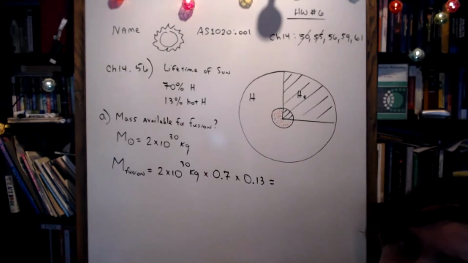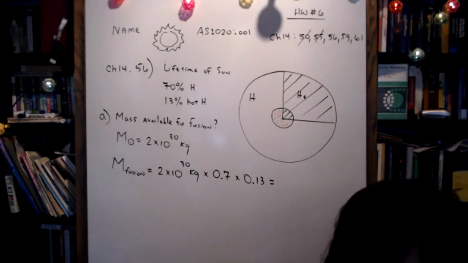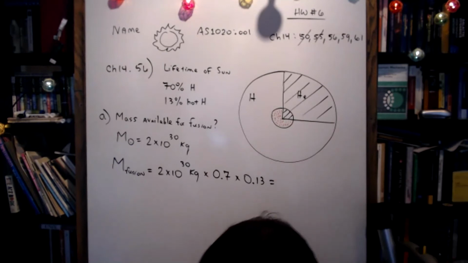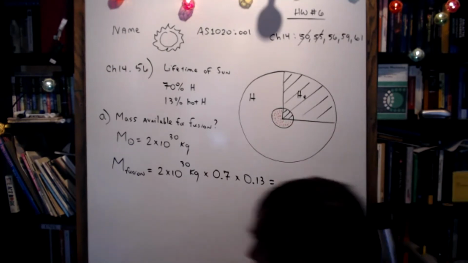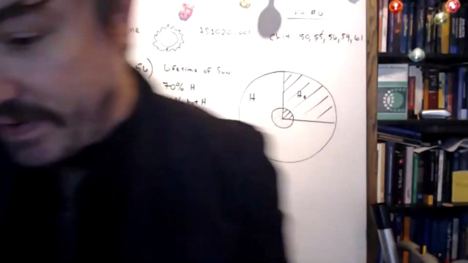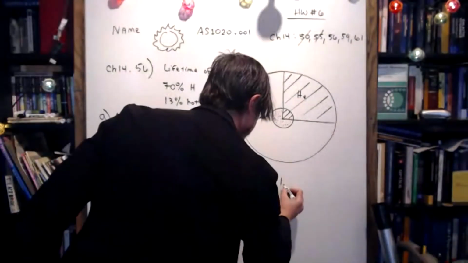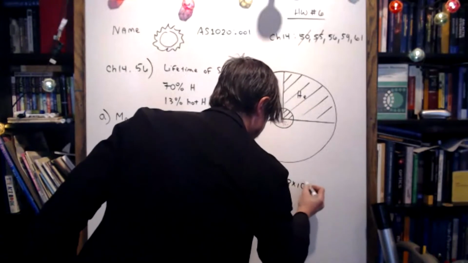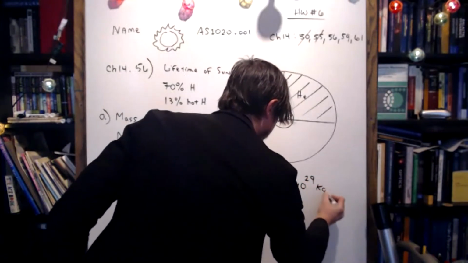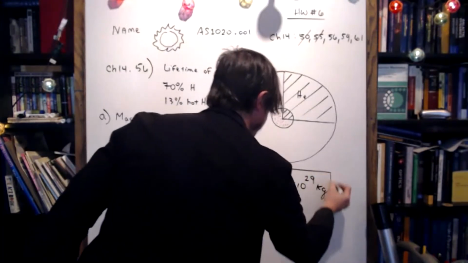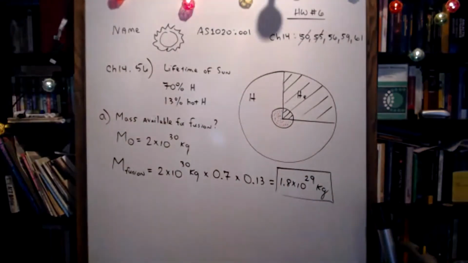Two sig figs will suffice here. It's 1.8 times 10 to the 29th. And that's kilograms, right? Yep. All right, box that.